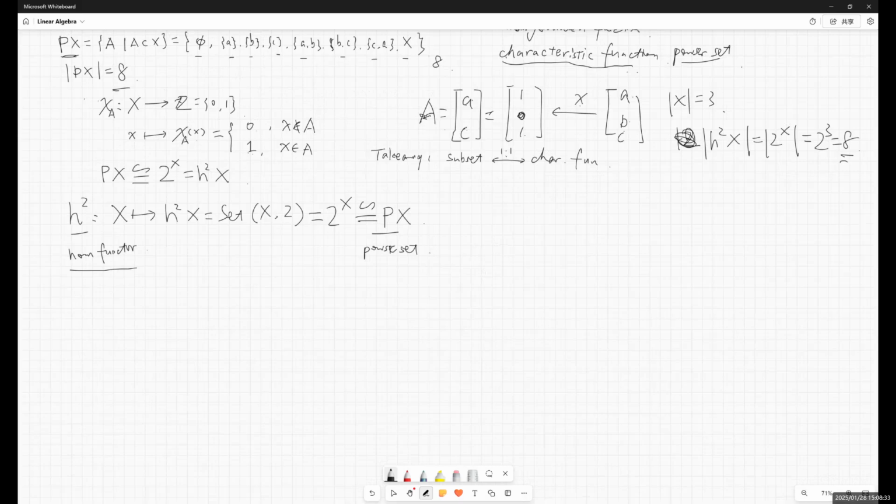And since we denote a set using the vector, we can see a subset here. Let's write down here. A is a subset of X, so AC is a subset of ABC.